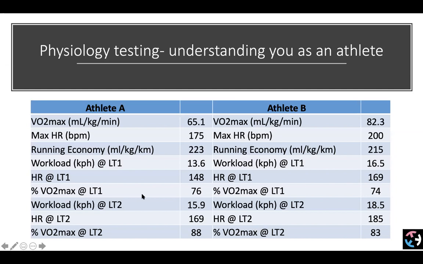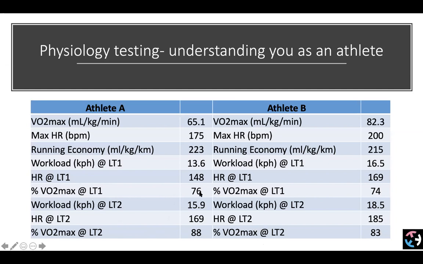And then as we look at LT1 and LT2, these are important markers. We often refer to them as a percentage of your VO2 max. So for athlete A, his LT1 occurs at 76% of his VO2 max, and then 88% of his VO2 max at LT2, and then 74, 73 for the other athlete.